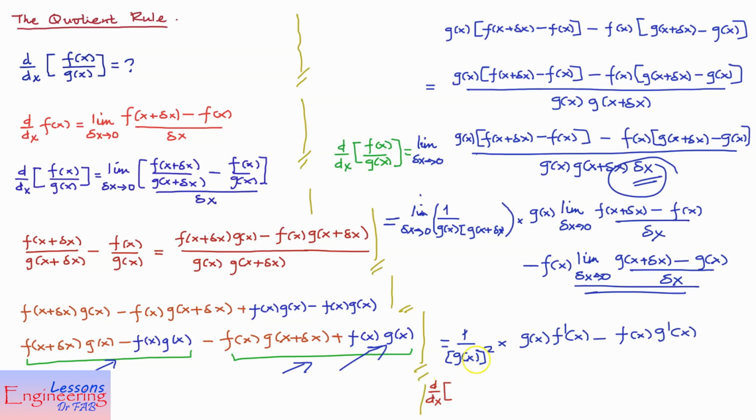Okay, so therefore we can now summarize that the derivative dy by dx of f of x over g of x equals g of x times the derivative dy by dx of f of x, minus f of x times the derivative of g of x, over g of x squared.